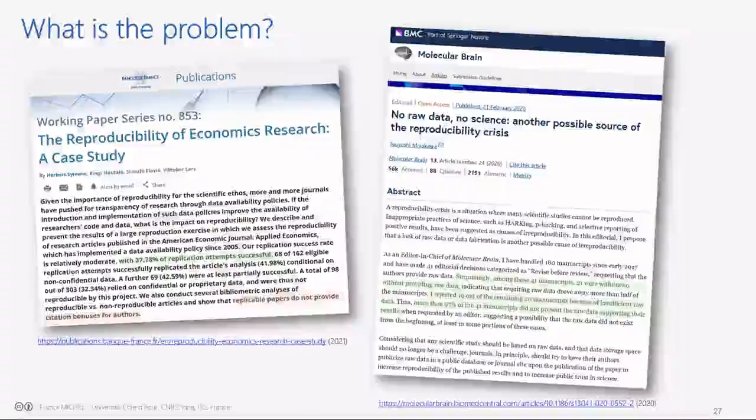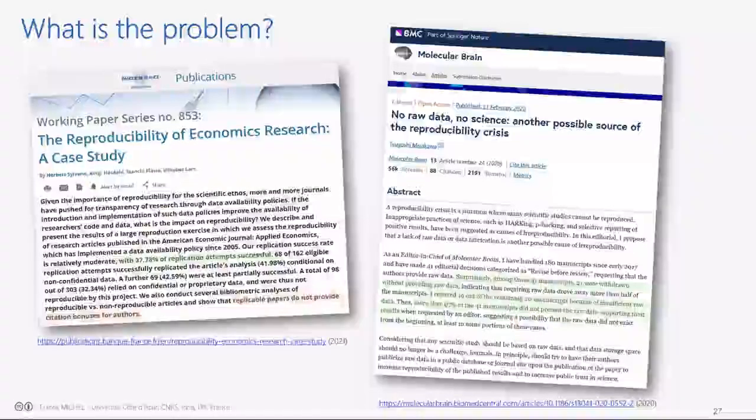This one is from Molecular Brain, and the author is an editor who says he's been handling 180 manuscripts during, I think, a three-year period. Among these 180 manuscripts, he sent a response to the authors of 41 of them, requiring them to provide raw data, because it was not possible to judge without the raw data.